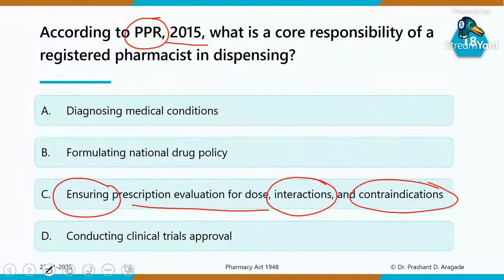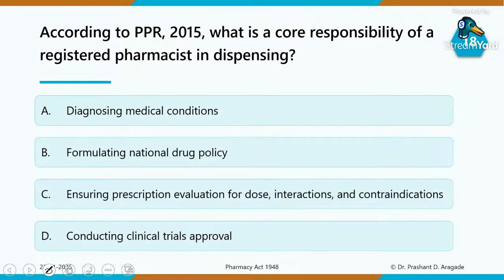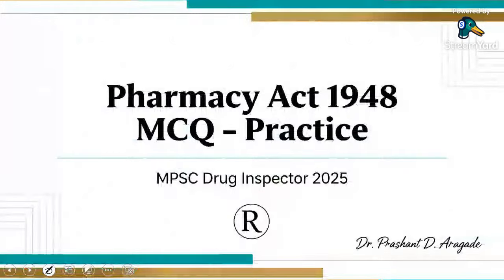So pharmacist has to check the prescriptions for the dose, drug interactions and contraindication. So this is the correct option for this question. This is the core responsibility of registered pharmacist in dispensing. So this is all about the Pharmacy Act MCQ practice.